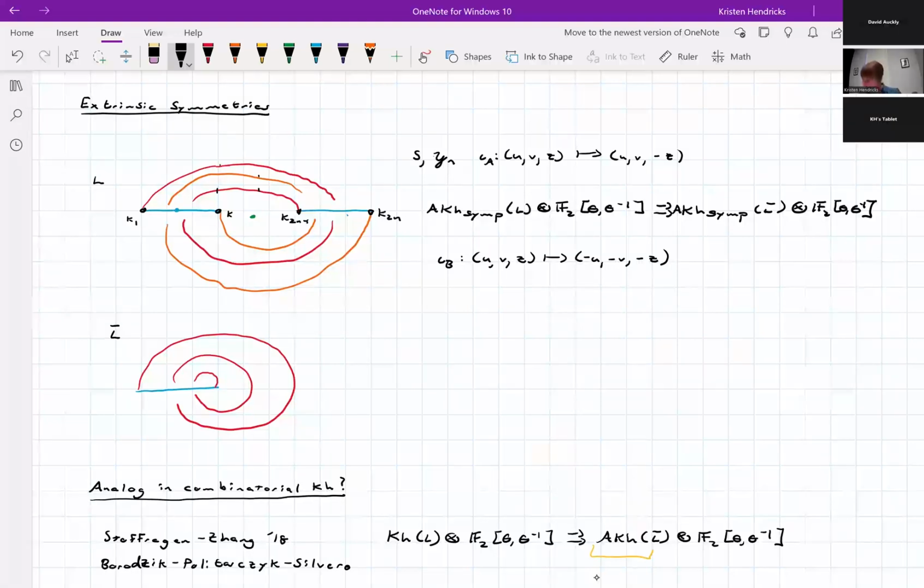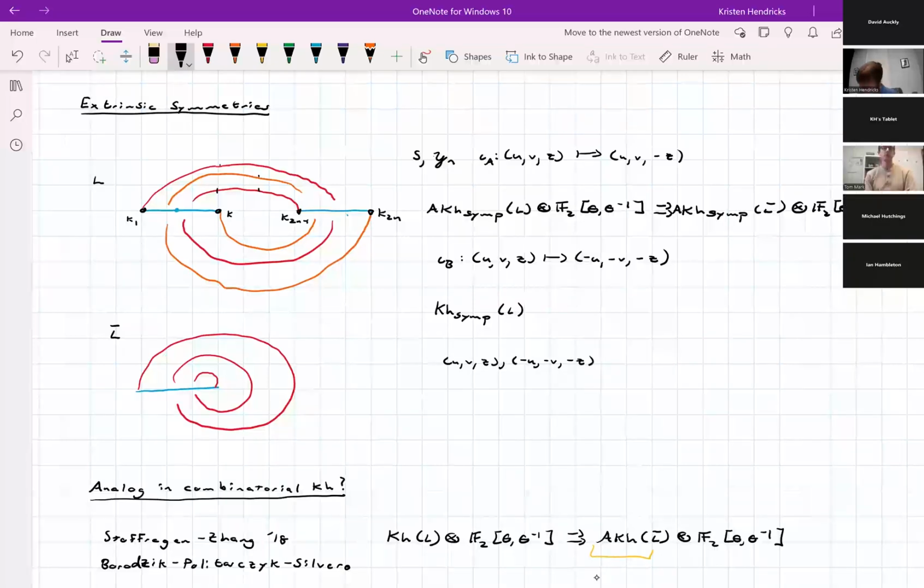Why would it? Even if I start at the theory for KH symp of L, not starting with this dot at all, and then I try to look at the fixed set, I can have points in the fixed set that have two poles in the symmetric product that look like (u, v, z) and its pair (-u, -v, -z).